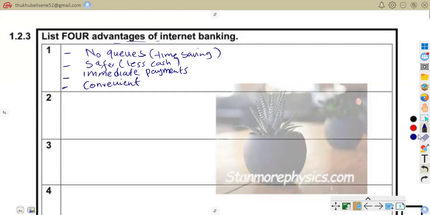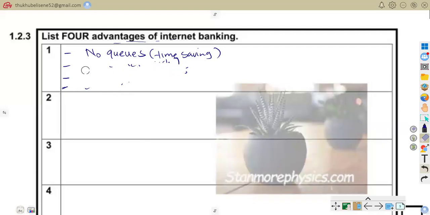1.23. So as you can see, we're supposed to just write them like this. As we are given space here, you were to write them like I've said: no queues. Here we have said it is safer, as we have said, less cash.